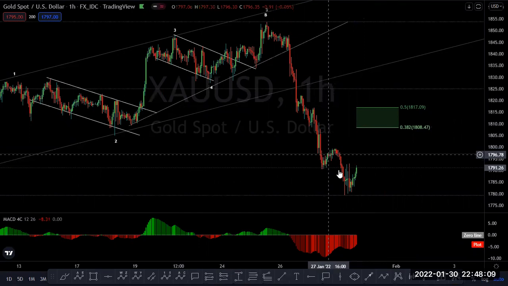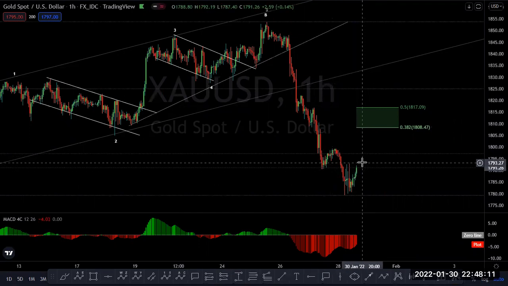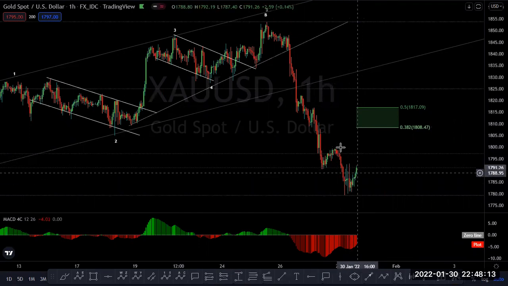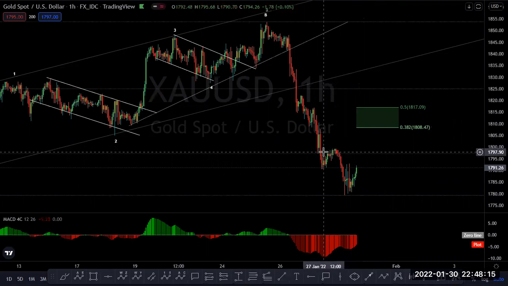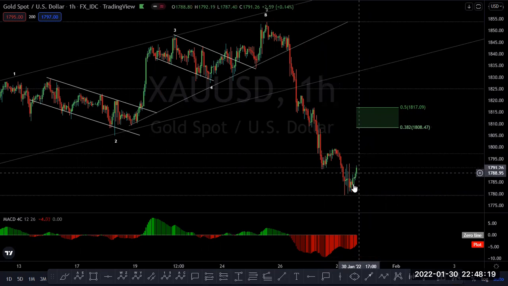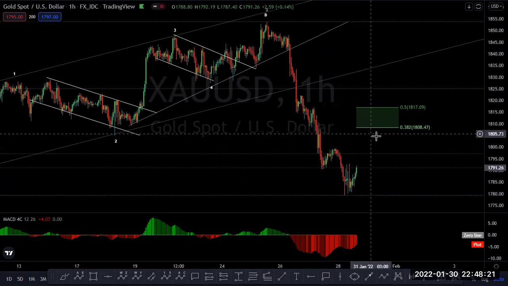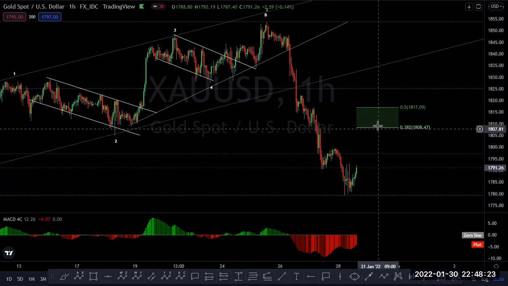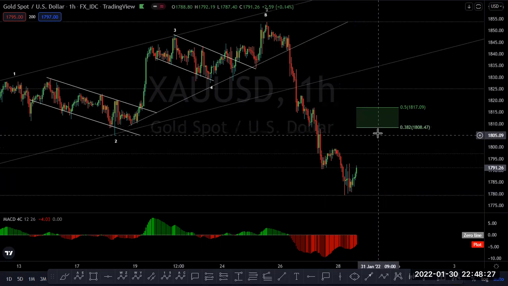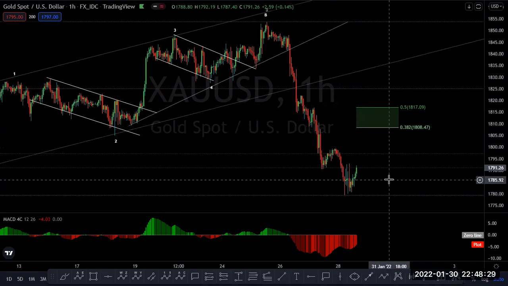These candles are short, these candles are long. So the chances of this type of little pullback are slim. I expect something big, maybe 1807, 1808, or maybe 1805 before dropping again.